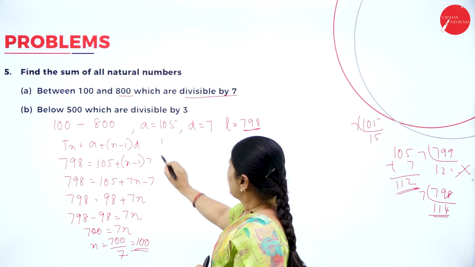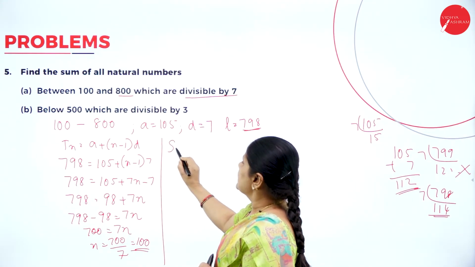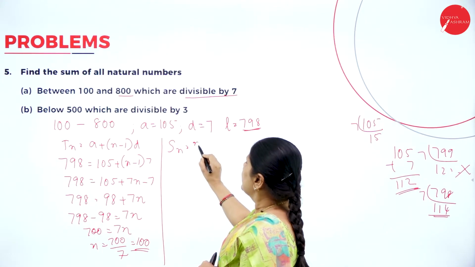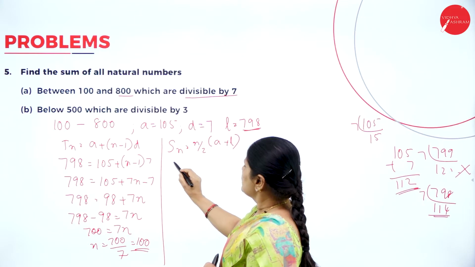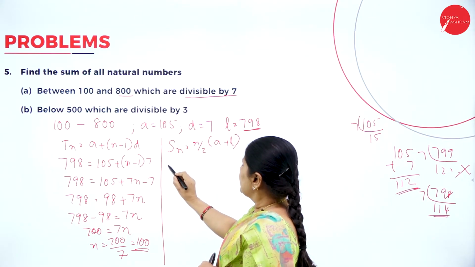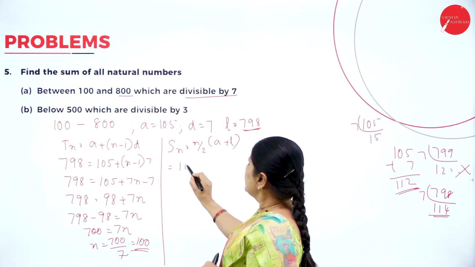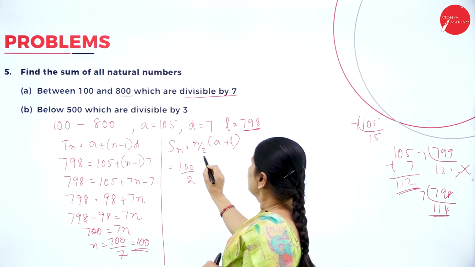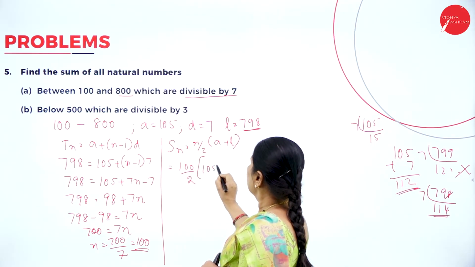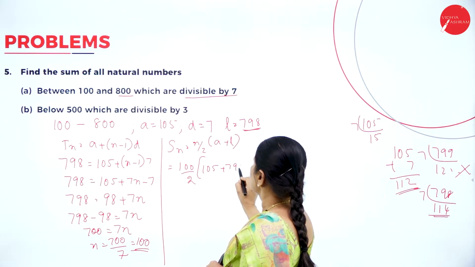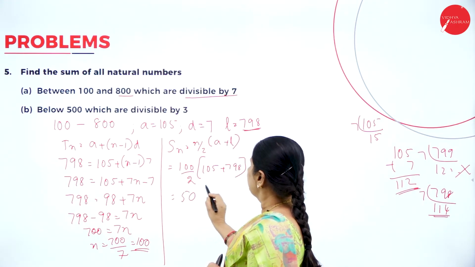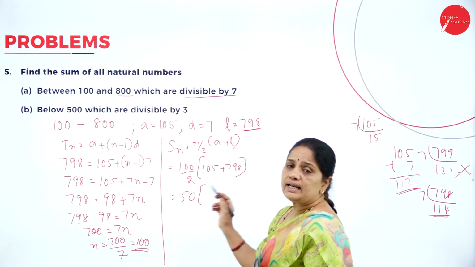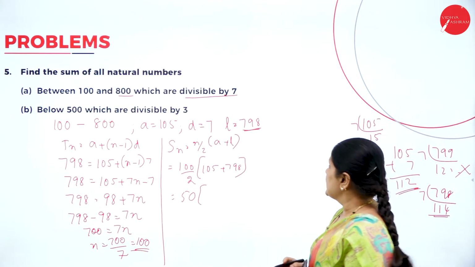Now I will write the formula. Sn equals n by 2 into a plus l. So I'll write it here: 100 by 2 into 105 plus 798. So this will be 50 into 105 plus 798.